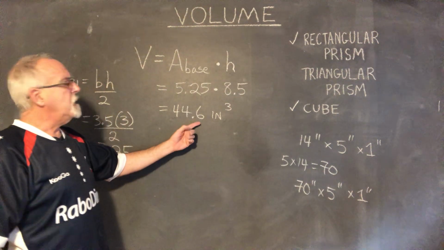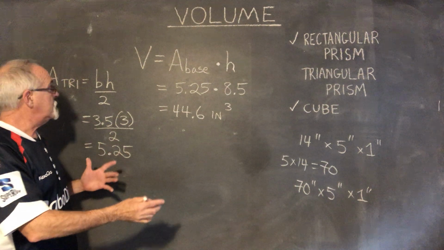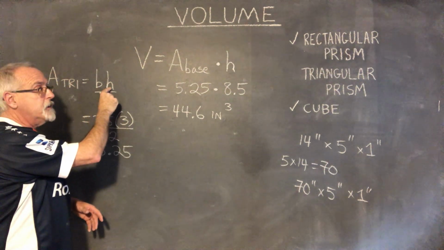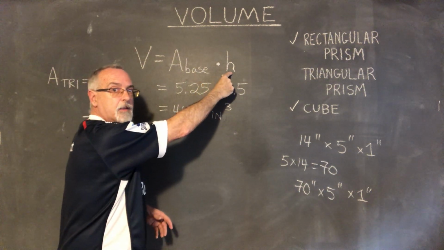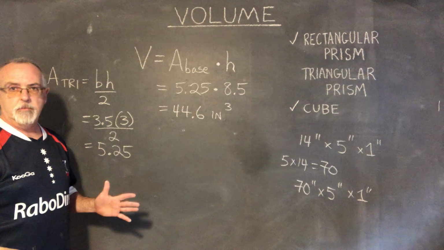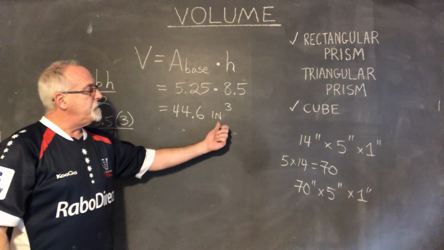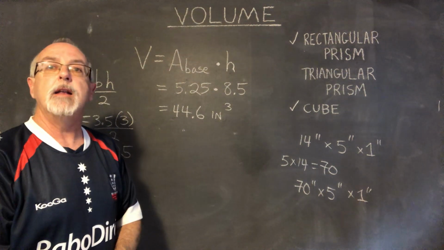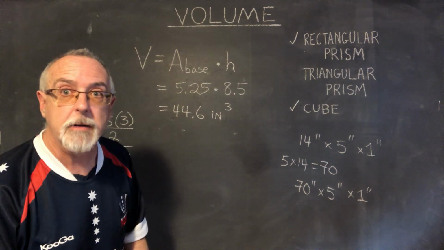And now, how did I do that here? It's not as easy to see. Base, inches, times height, inches, times that other height, the length of the tube height, inches. There are 3 of them. It keeps happening. Because that's what makes this make sense. The unit being cubed makes sense. That is good to slow down and think about.